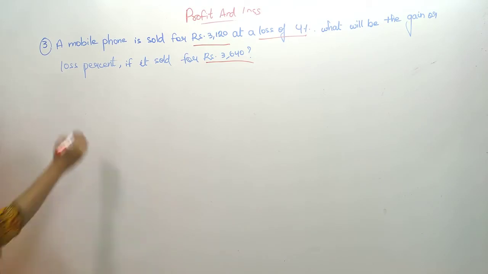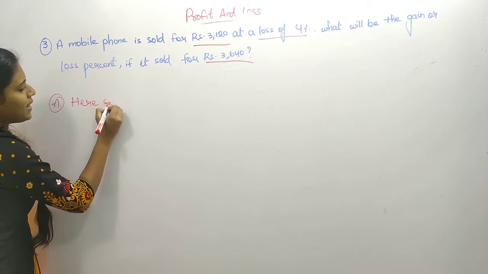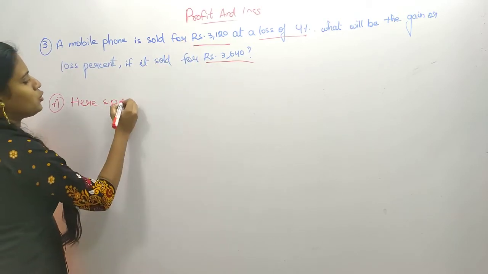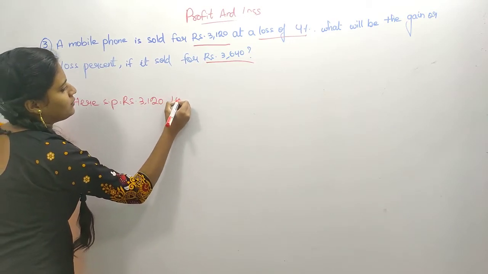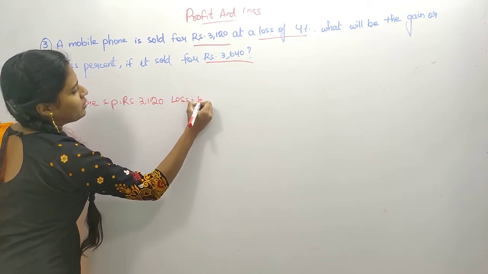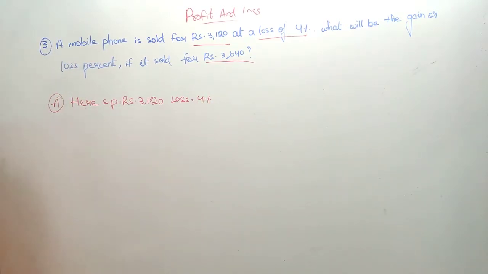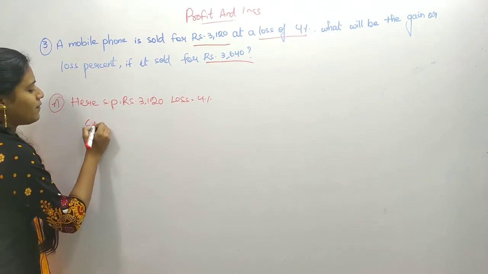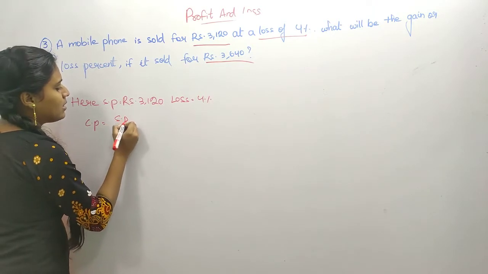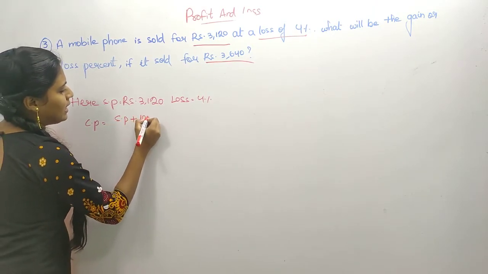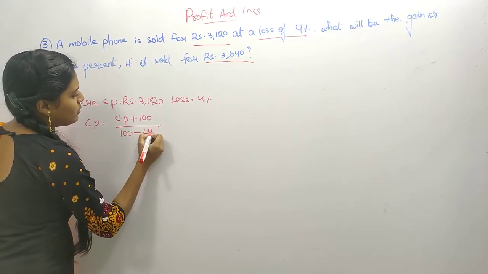Okay, here what is given? Selling price is equal to rupees 3,120 at a loss of 4%. Now, I just gave the formula. What is the formula for loss percent? Cost price is equal to selling price into 100 by 100 minus loss percent.